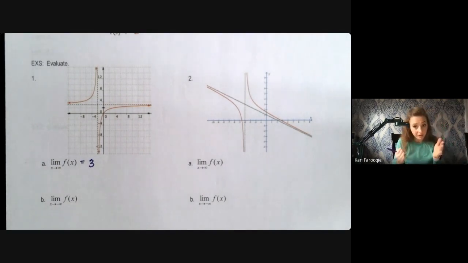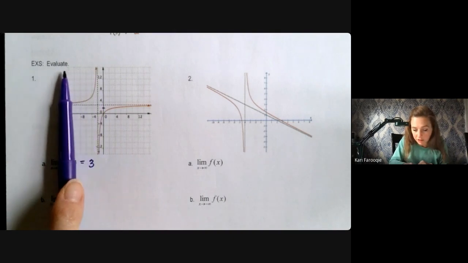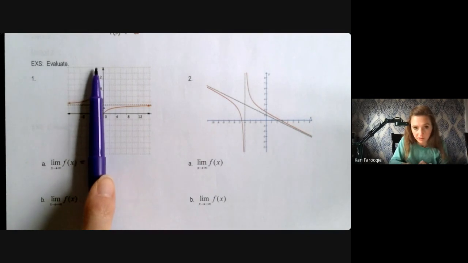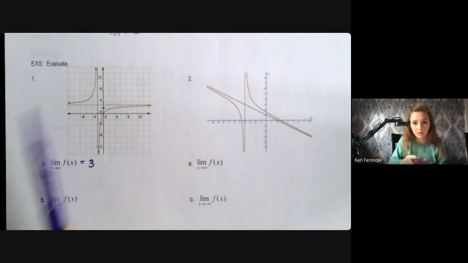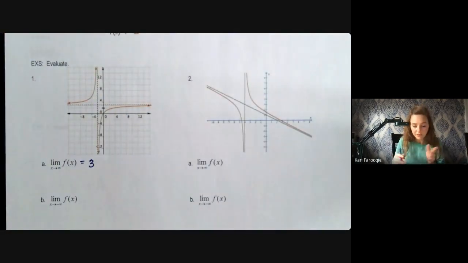We're going to do the same thing now, but looking at values of x as x moves over to the left. So I'm looking at these values on the graph. Notice that as I'm moving over towards the left, I'm actually looking at this other branch of the graph that starts up here and heads down from the vertical asymptote, and it's heading down towards the horizontal asymptote at y equals 3.